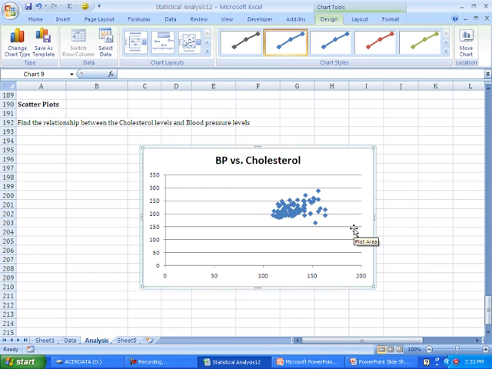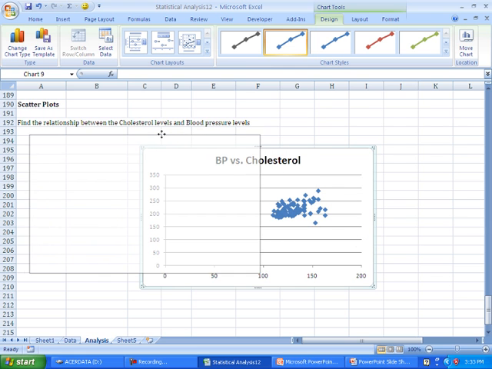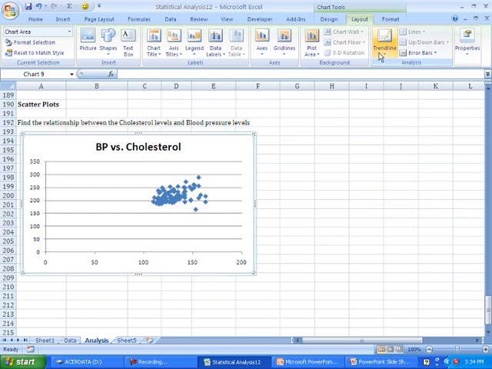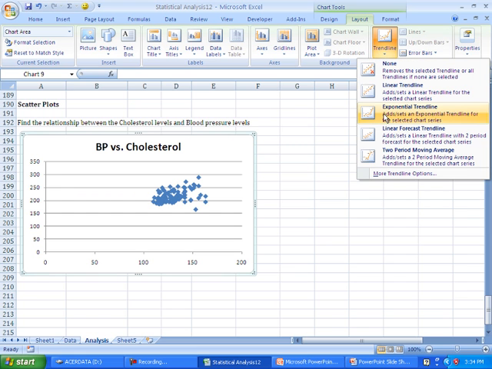To find out what kind of relationship exists between the two, and to look at the graph in a much better manner, what we can also do is go for what is called a trend line, a line depicting the relationship between the two variables. For that, you select the chart, under the layout tab go for a trend line, and go for a linear trend line option, which you can get from more trend line options.